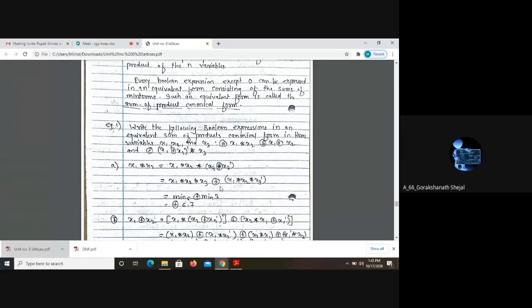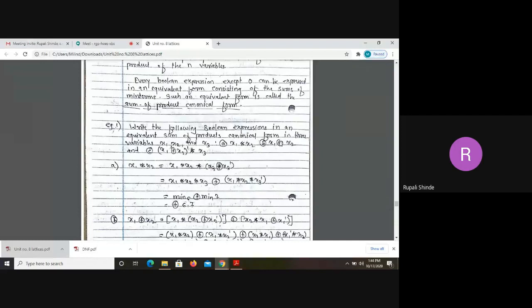Yes, ma'am. Okay. Now, second question they have given as x1 XOR x2. So here operation XOR is there. That's what we want to find: sum of product canonical form.